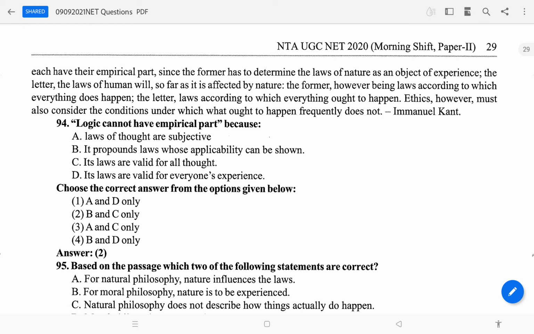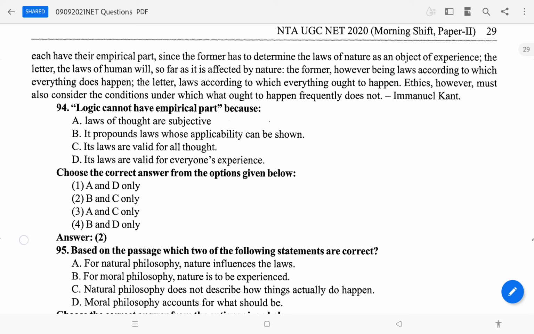So question number 94. Logic cannot have an empirical part because the answer will be 2, meaning B and C. B, it propounds laws whose applicability can be shown, and C, its laws are valid for all thought.